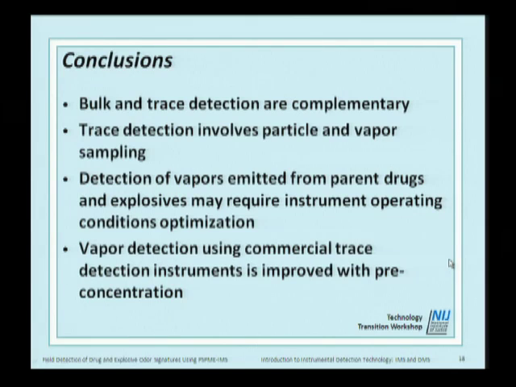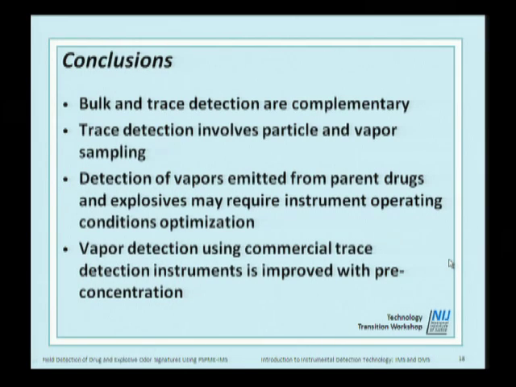So in conclusion, bulk and trace detection are complementary, and they're both very important in our toolkit for detecting drugs and explosives. Trace detection involves particle and vapor sampling, and the detection of vapors that are coming off of the parent drugs and explosives may require changes in instruments that are currently manufactured in their operating conditions.